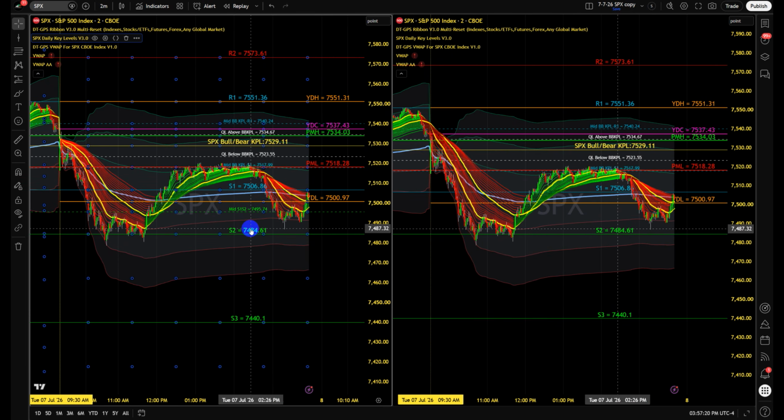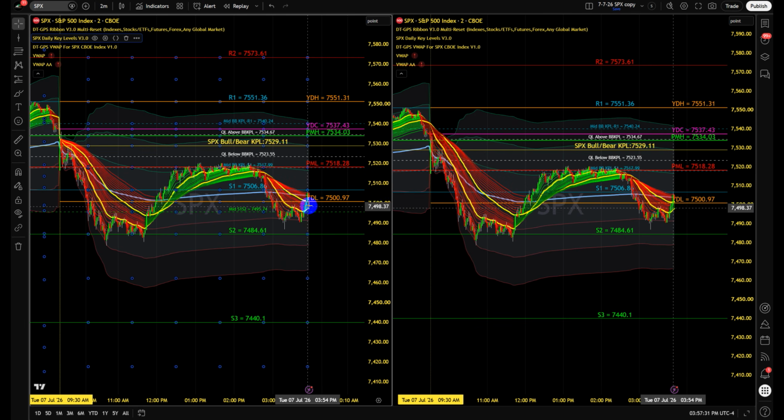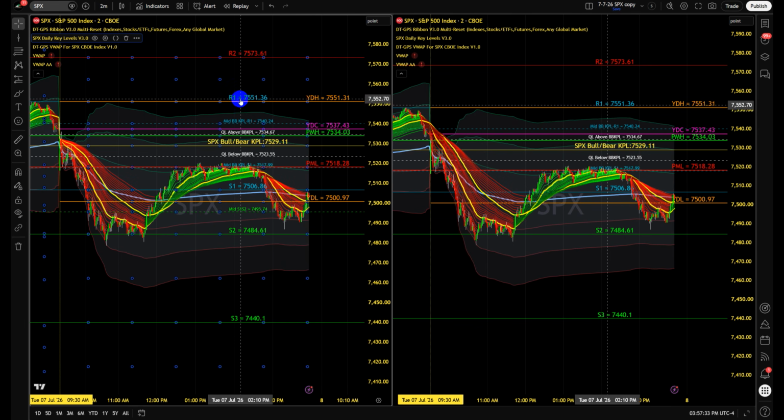Your remaining 15 to 20% of your sessions in a normal year in a normal trading environment, normal volatility environment, the majority of those remaining 15 to 20% sessions will struggle to see R1 through S1 as the general range, and in some cases on very choppy, lower volatility, lower VIX days, struggle to even get outside the midpoints above and below the bull bear KPL.